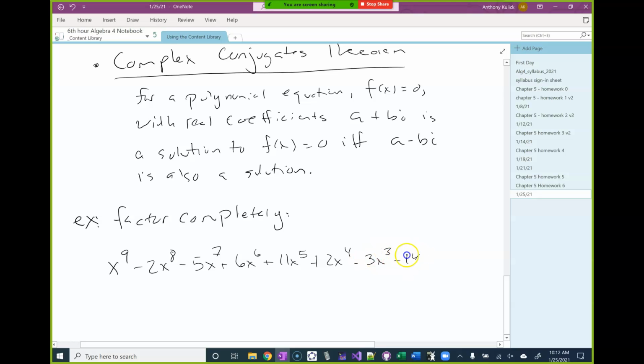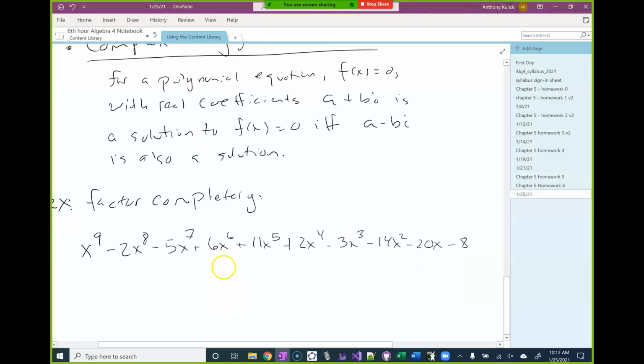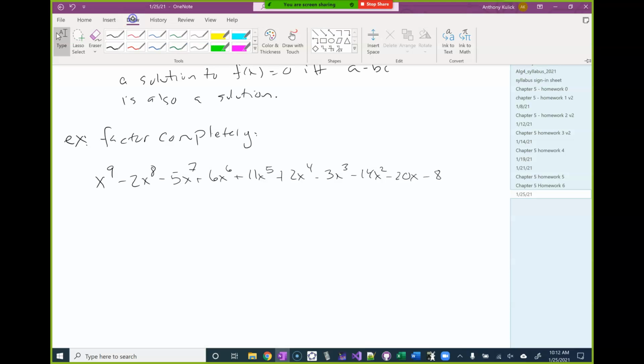Let's say we have this bad mama jamma here. Now, at first glance, you're like, yo, that's impossible. That thing is monstrous. And it's big, but it's going to be okay. We can handle this.